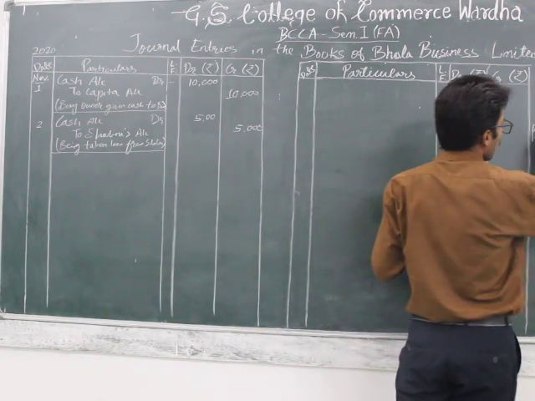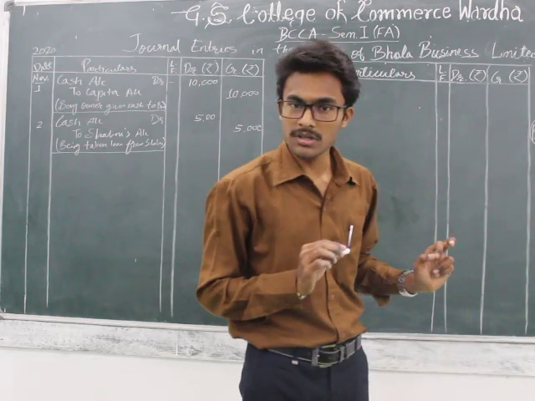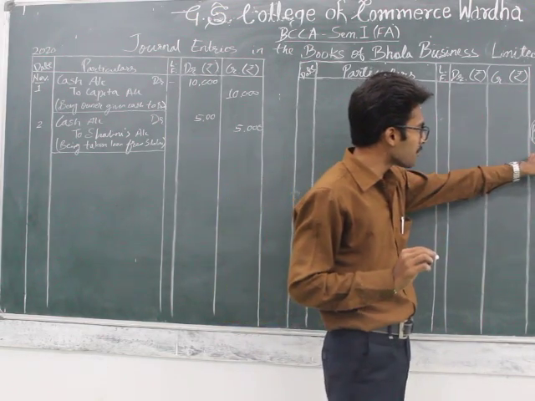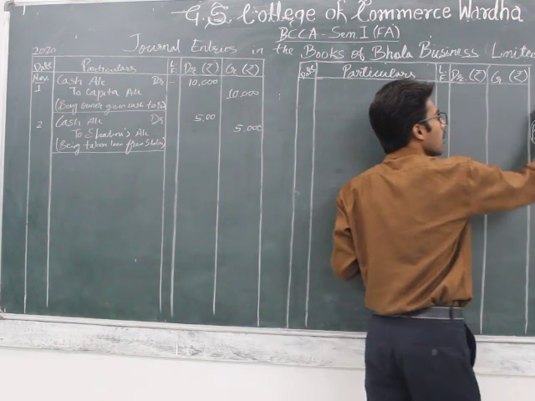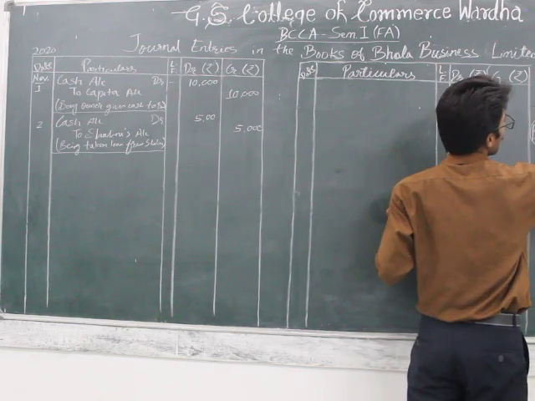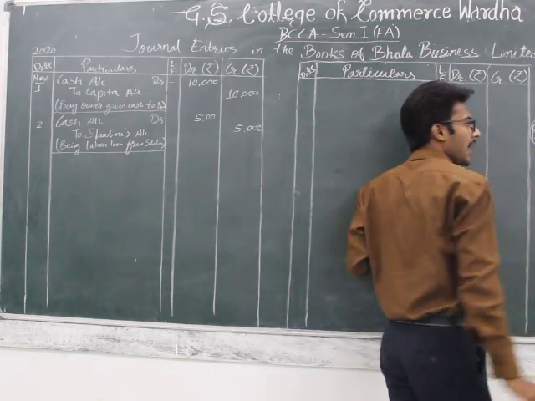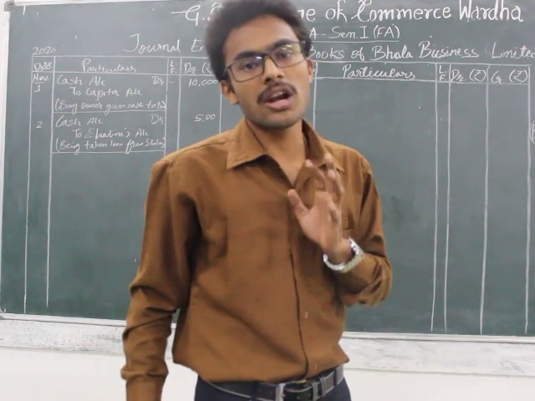We will consider this as a personal account, a representative personal account. So this is a representation of whom? Of the landlord. So the landlord is a person, and in this case is the landlord a receiver or giver?